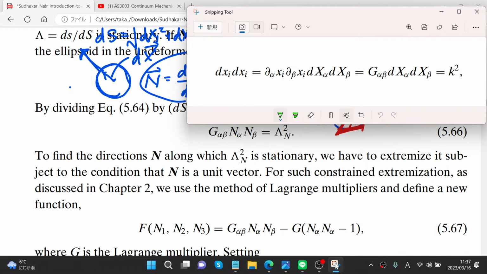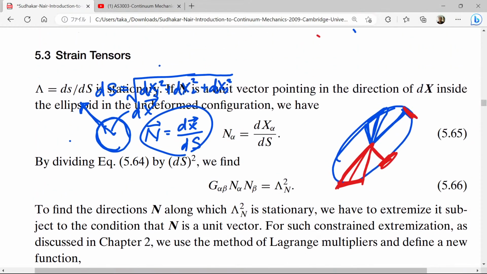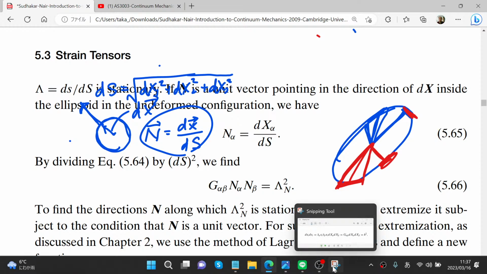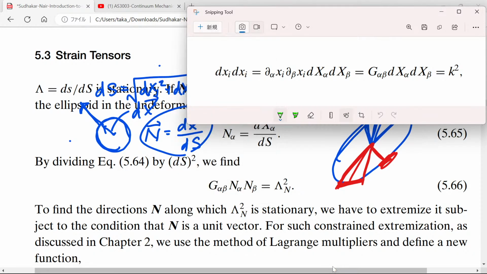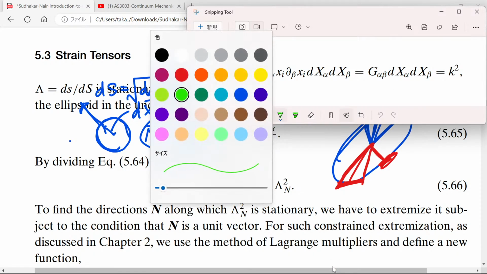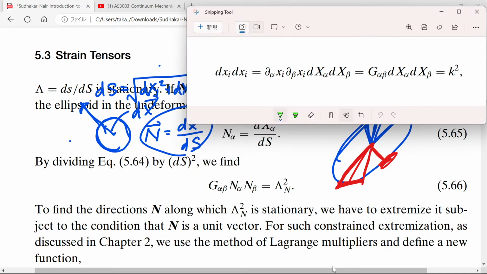We divide this by ds squared. So this part, you just divide ds and ds.